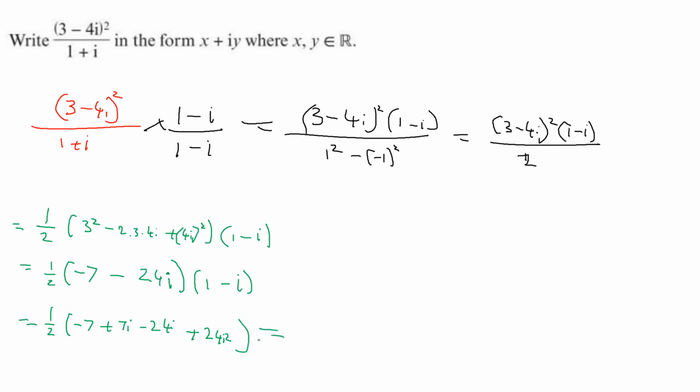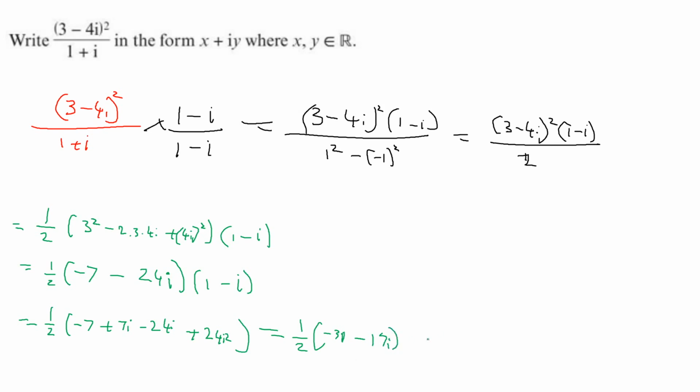Minus 7 minus 24 is minus 31. And then 7 minus 24 is equal to minus 17i.